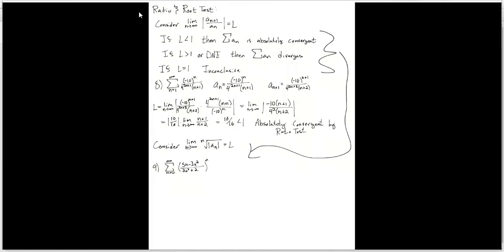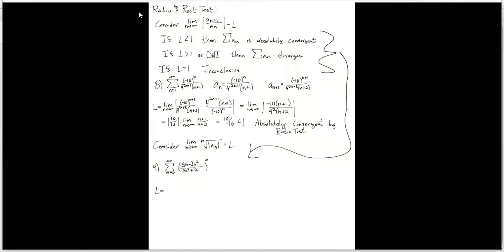Now it's sums like these that the root test helps a lot with, because this whole thing is raised to the nth power, and because of the nth root in the root test, this is what makes it so nice. So let's go ahead and start looking at this.